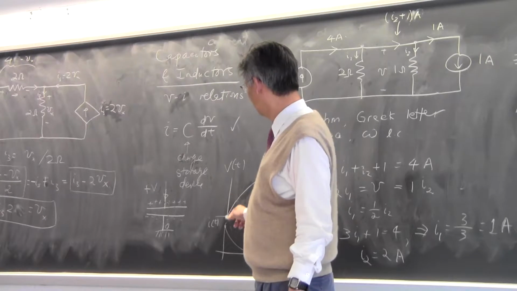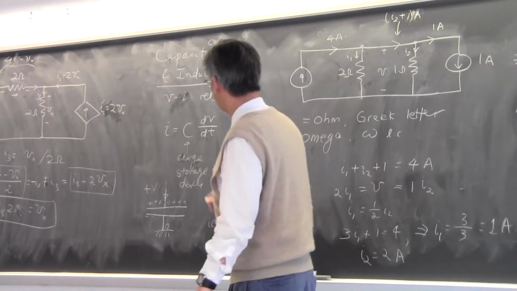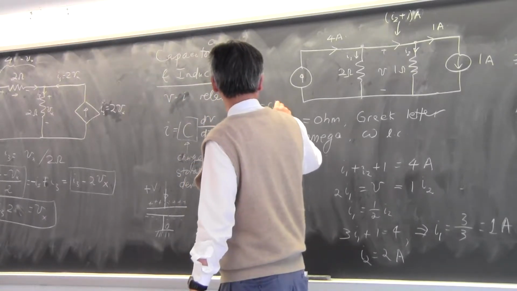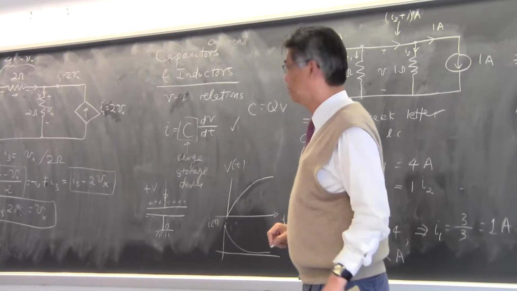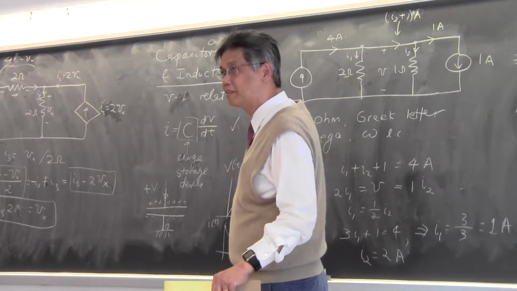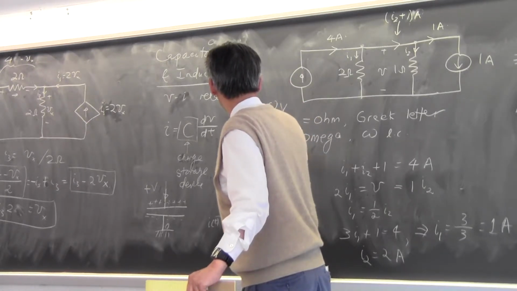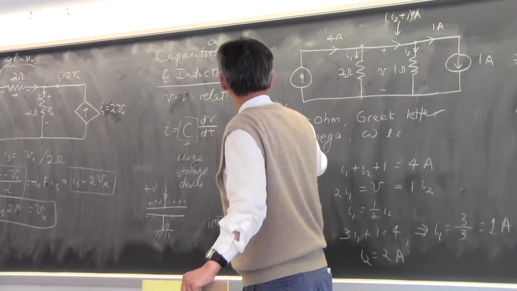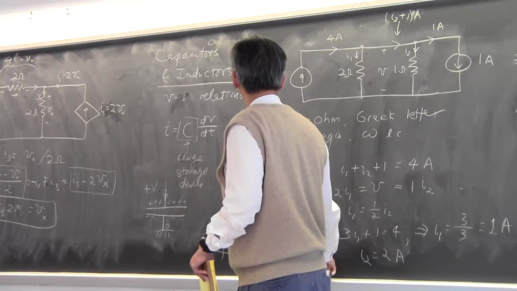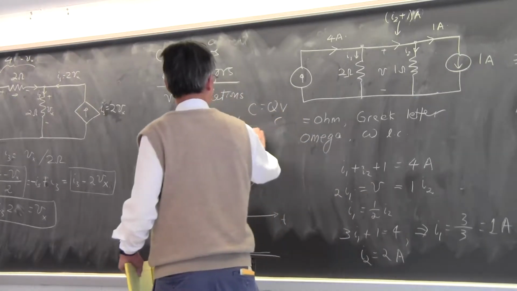If you think about it, dV/dt will look something like this, right? Okay, and the proportionality constant is C. C is equal to QV. Okay, C is equal to QV. The amount of charges you can put into a capacitor is proportional. I shouldn't say it this way. I should say Q is equal to C over V. This doesn't sound right.